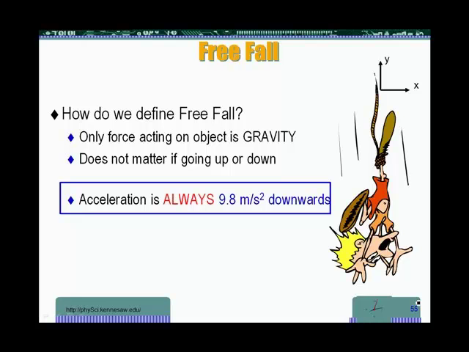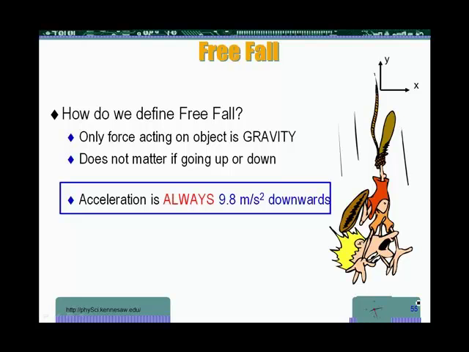Now, whenever an object is in free fall, its acceleration is always 9.8 meters per second squared in the downwards direction. We are talking here, of course, about objects in free fall at the surface of the Earth. We are not talking in general about astronomical scales and so on.